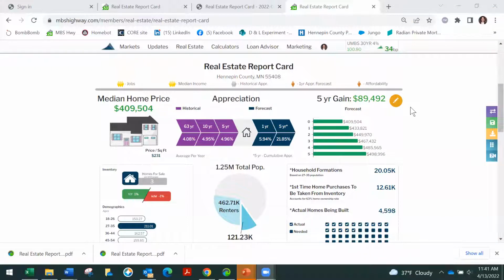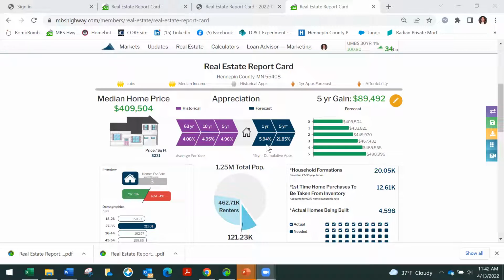Okay, so what I would do is if someone is buying in this zip code, which is Hennepin County, here's the average median home price, half the homes sell above, half the homes sell below, appreciation over the last 10 years, last 5 years, estimated appreciation for the next year. So let's say, what was it listed at, Miguel? Let's say 500.